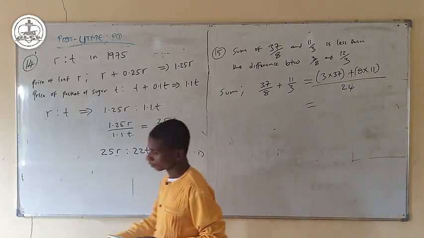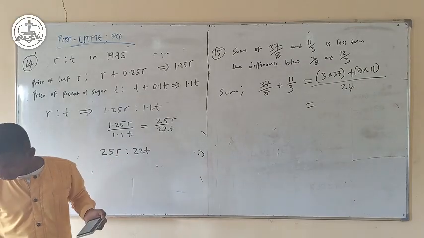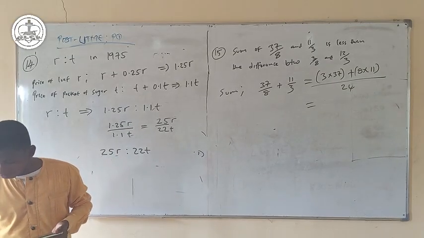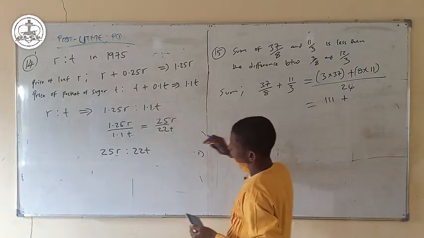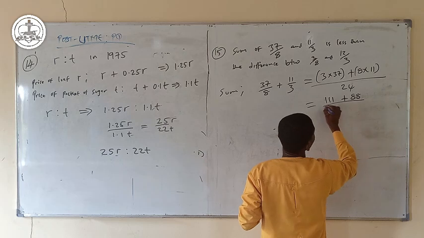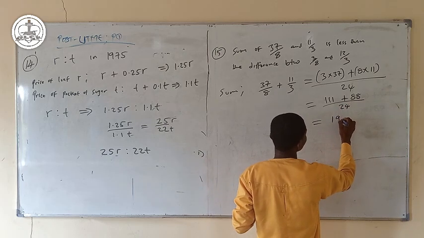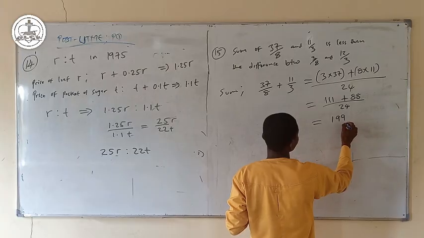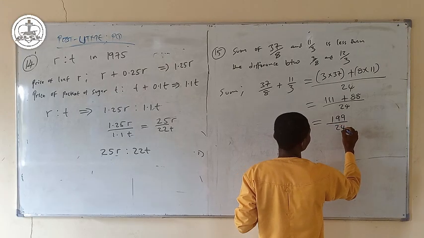With the calculator, we have 111 plus 88 all over 24, and this is 199 over 24.